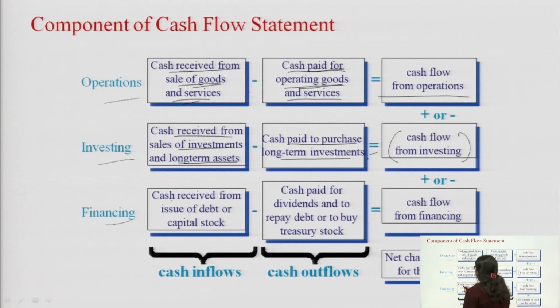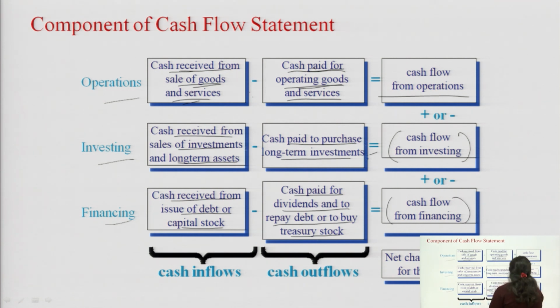Third one is cash received from the issue of debt or capital stock, minus cash paid for dividends, to repay debt or to buy treasury stock, and what comes out is the cash flow from the financing activity. The whole of this is your cash inflows and this is your cash outflows, and what comes out may be positive or negative; in all cases it is the net change in cash for the period.